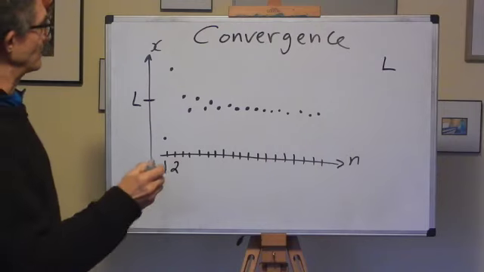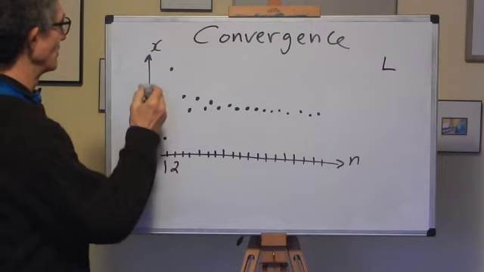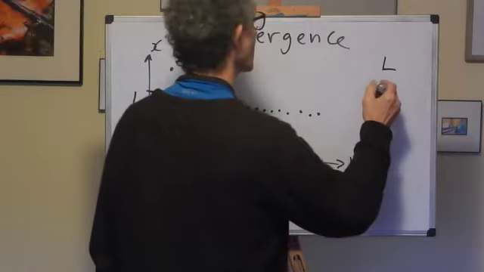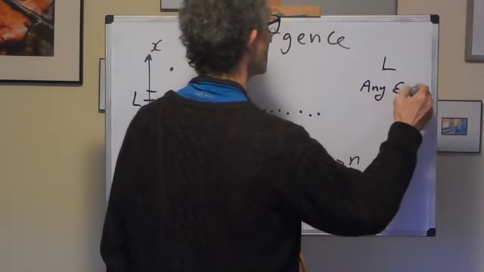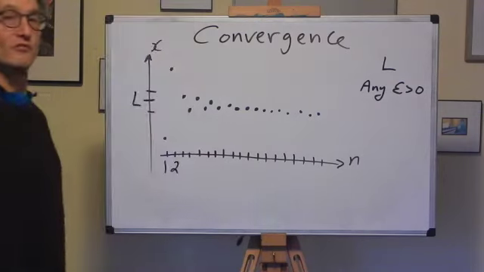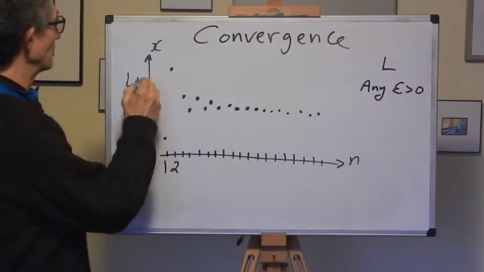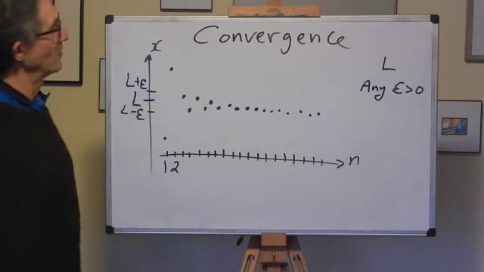The idea is that given any kind of tolerance, epsilon bigger than 0, we look and see whether we're within that tolerance of the limit.